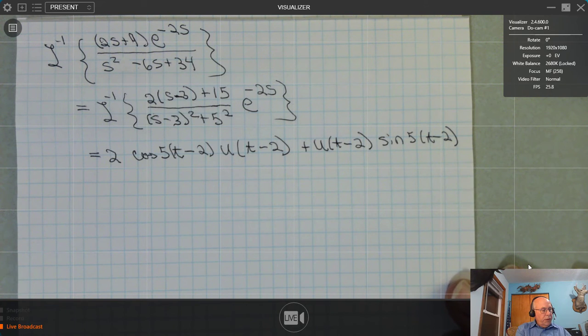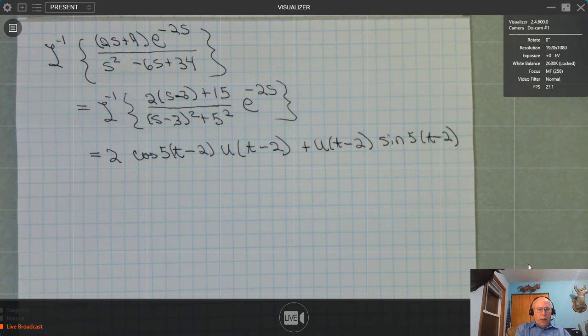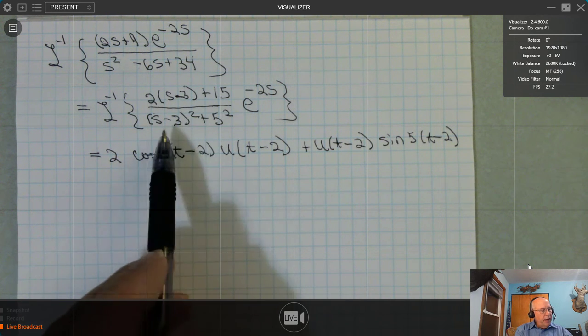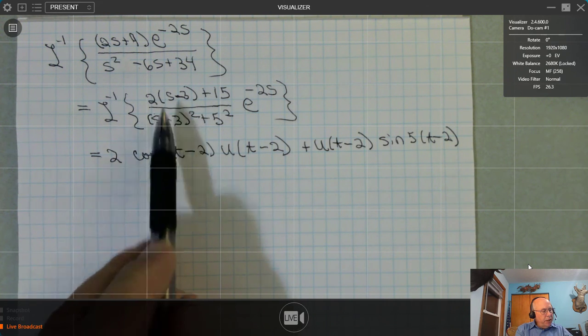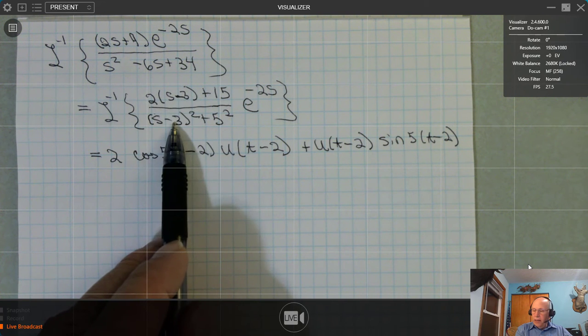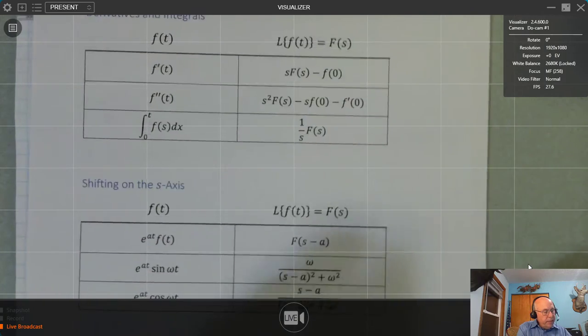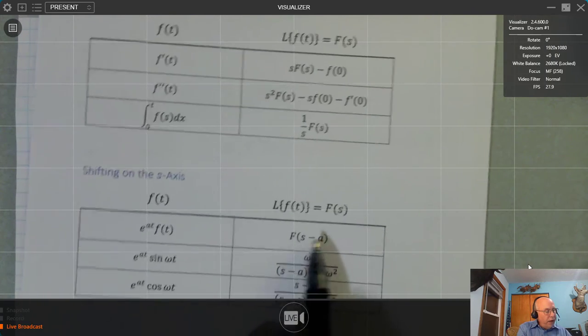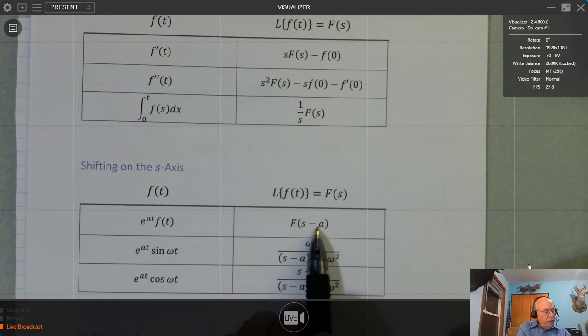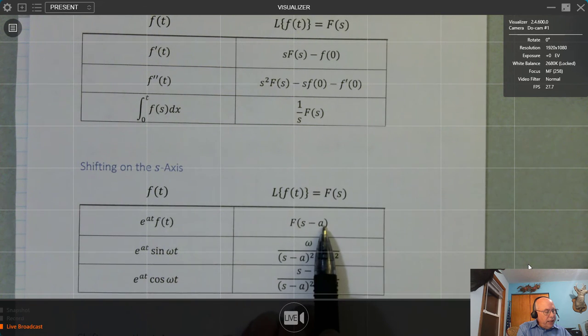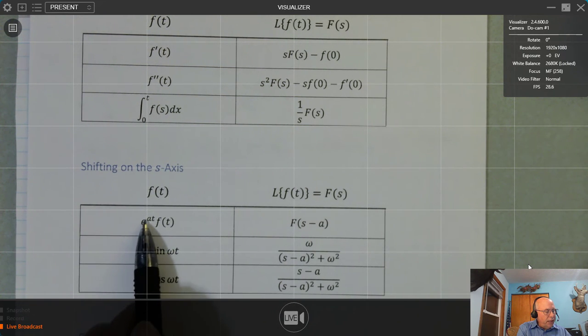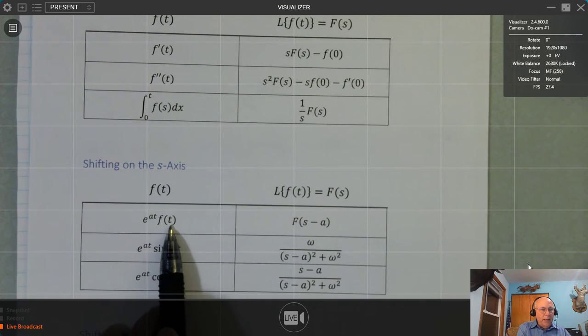And now we're almost done, but not quite. And the reason it's not quite done is we haven't yet taken into account this minus 3, this shifting on the s-axis. Remember, when we shift on the s-axis, that introduces a factor of e. If we shift s minus a on the s-axis, then we have e to the plus at coming up on the t-axis.